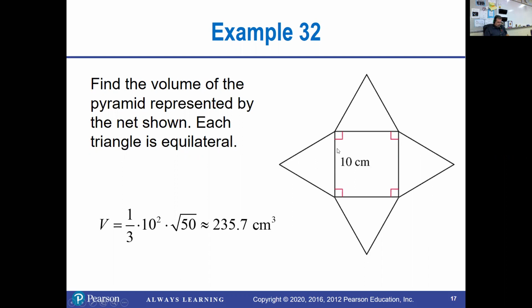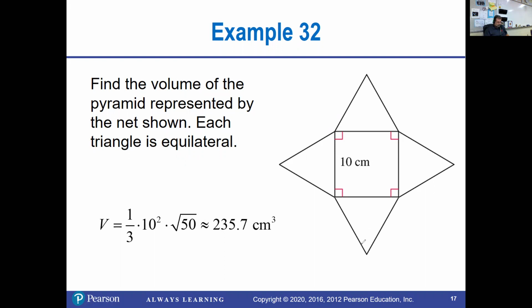This is going to be 5 and 5. 5 and 5, and you'd have to go figure it out through all the other work. So let's work on that. If I bend this up, I've got to find the height of the pyramid, not the slant height.